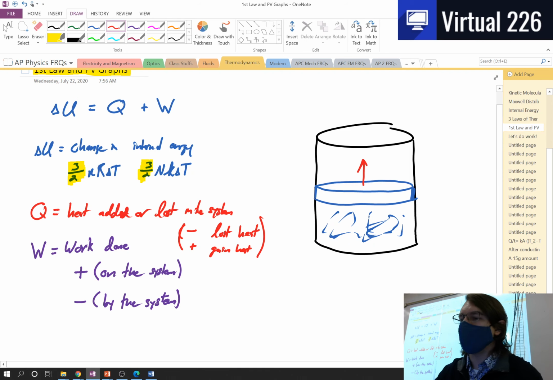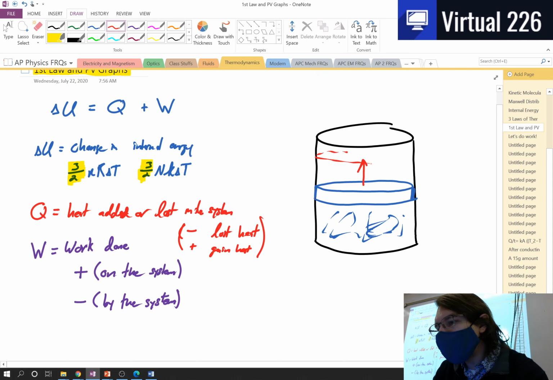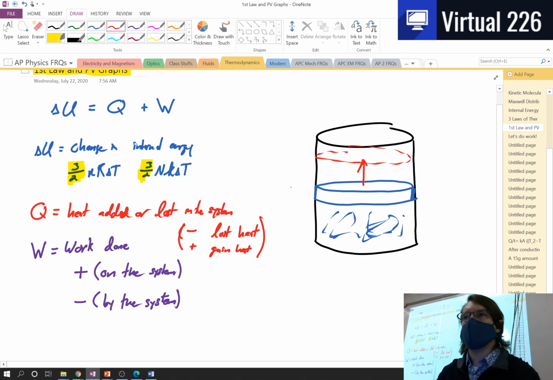But what we can say is this. If this lid is being pushed up, it's going to rise to some new height. When it rises to some new height, there is more volume on the inside for these gas particles to move around.